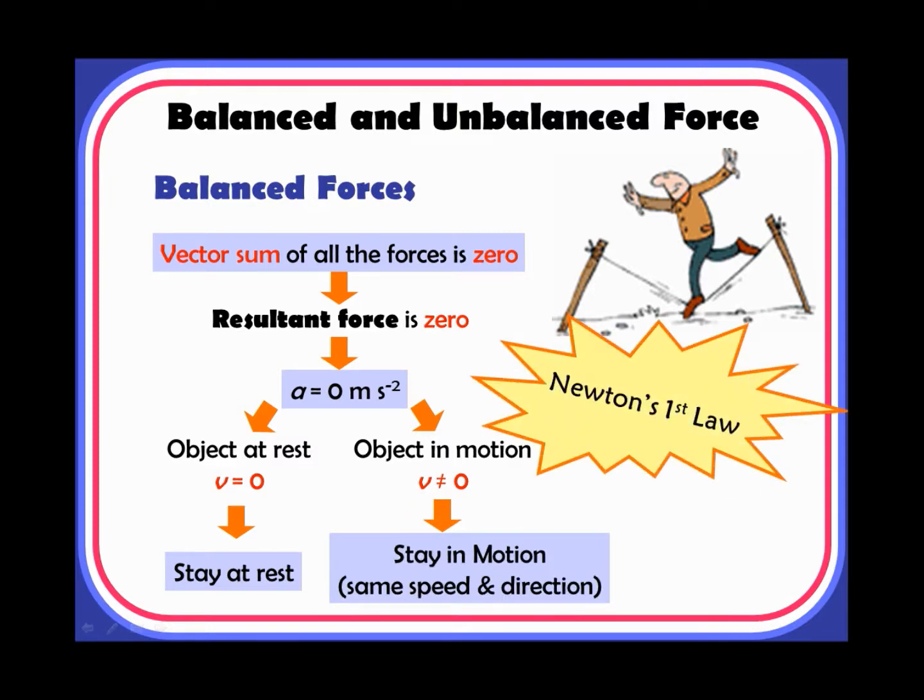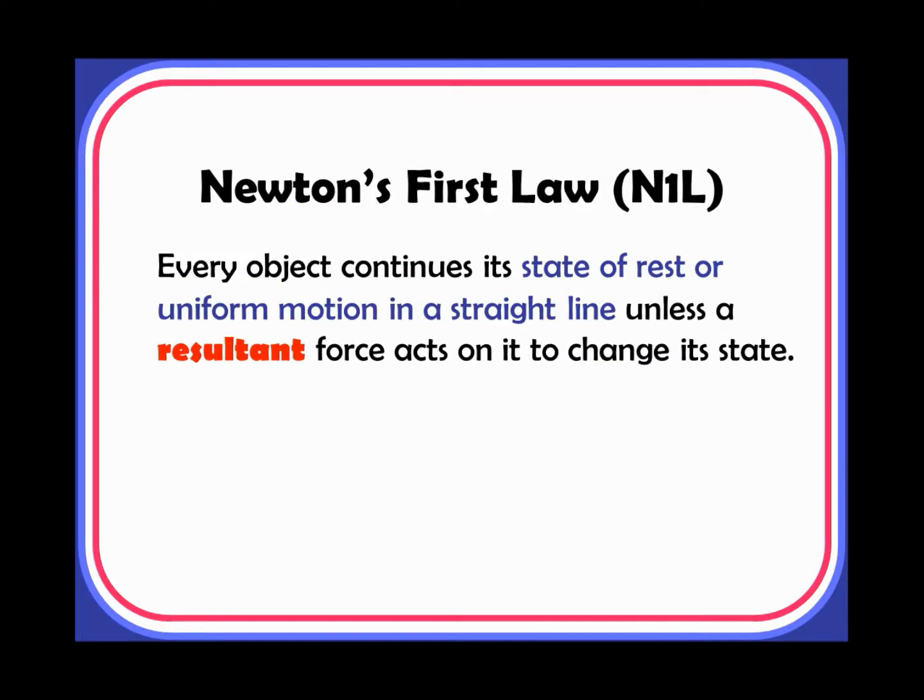That is actually Newton's first law, which we'll be looking at again under dynamics. So in statement, Newton's first law states that every object continues its state of rest or uniform motion in a straight line, that is constant velocity, unless a resultant force acts on it to change its state. The state here refers to whether it is at rest or it is moving at constant velocity.